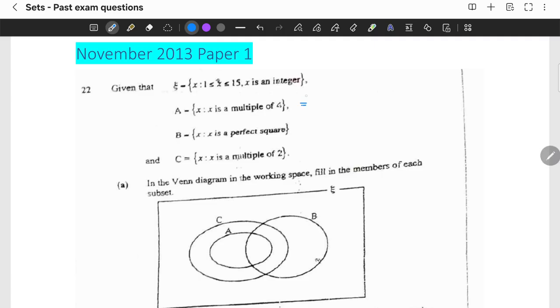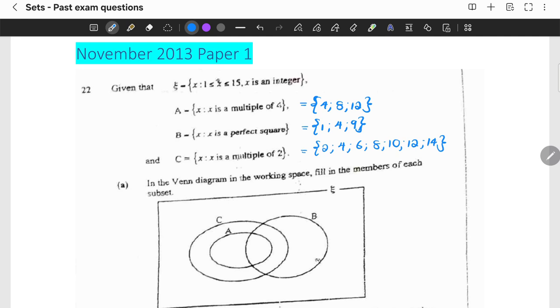So multiples of 4 between 1 and 15, that's going to be 4 itself, 8, and 12. Perfect squares between 1 and 15, that's going to be 1, 4, 9, and that's it. Multiples of 2, that's going to be 2, 4, 6, 8, 10, 12, and 14.